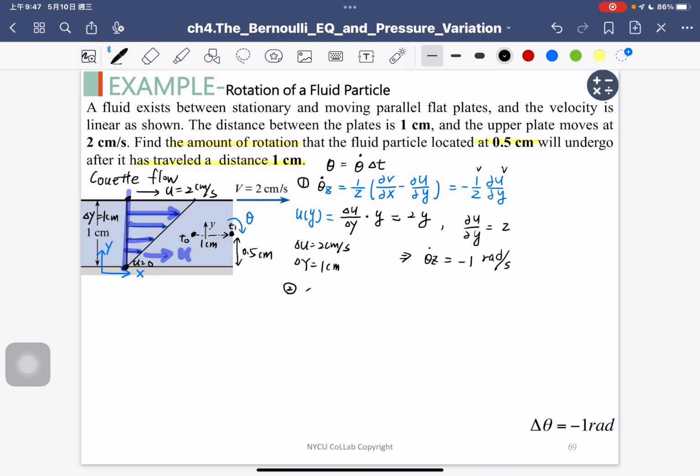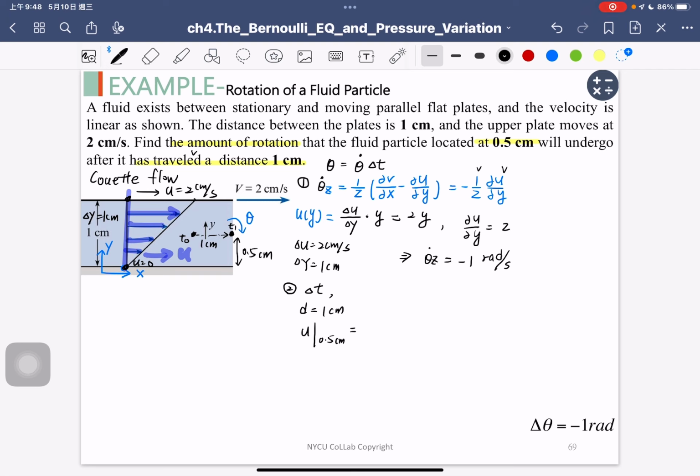So our target is, can we determine the delta t? Can we determine the delta t? Okay. So as we know, we have the distance, the travel distance, of 1 centimeter. So you can see there is a travel distance. If we know the travel velocity, the u at the point location of 0.5 centimeter, we can know what the velocity is at this point.